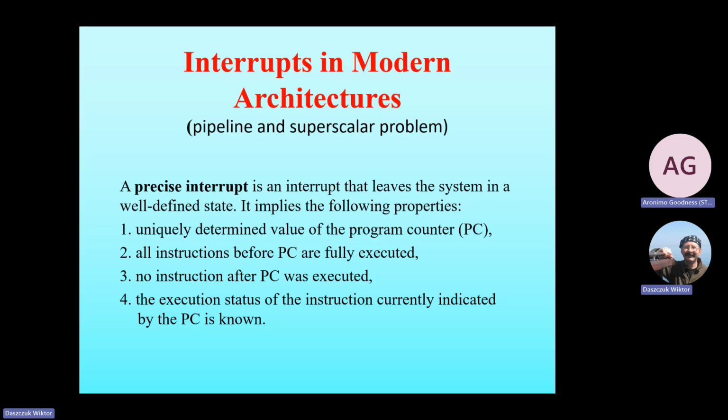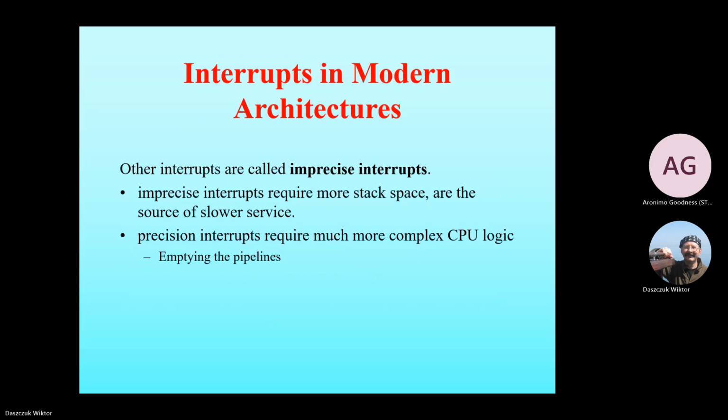So such interrupts are called imprecise. So what can we do to serve the interrupt? What do you think?